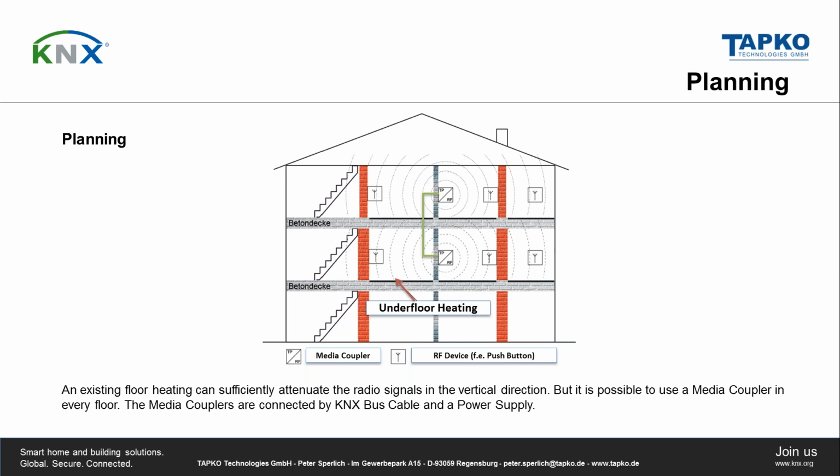You use a repeater on one floor, and through the floors, through the concrete, you need another media coupler, and the media couplers are connected by the bus wire, the TP wire, and you need to have a power supply. You can usually program it also, I will show you later on, through KNX RF with a USB stick, or you can program it from the TP side with a USB TP interface.